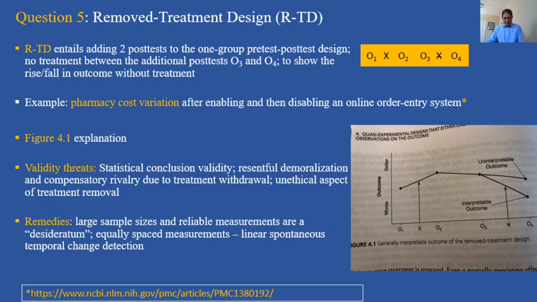So as you can see in the figure, the x-axis is the sequence of the four outcome measurements. One is the pre-test, O1, and three post-tests, O2, O3, and O4. The y-axis shows the outcome measurement performance level from worse to better.